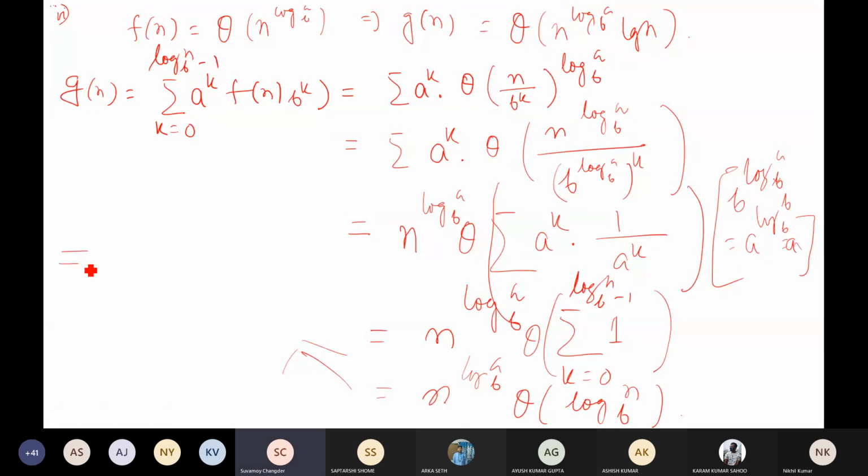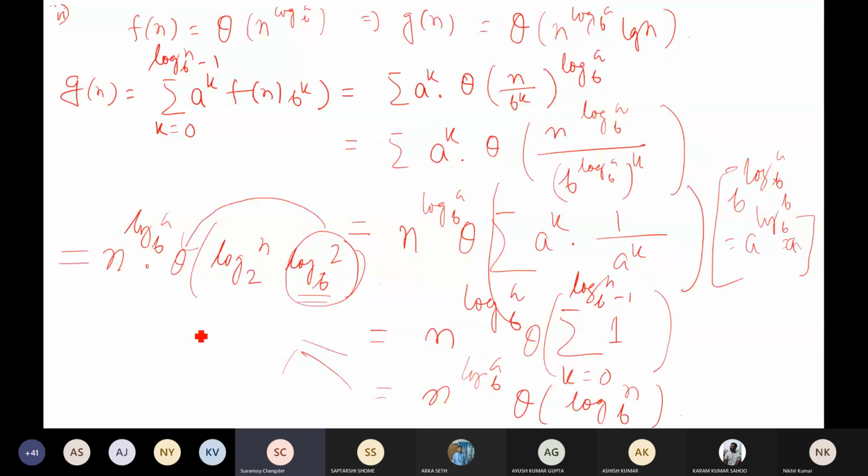we can write n to the power log a base b into theta of log n base 2, log 2 base b. This is constant, b is constant, 2 is constant, therefore this can be absorbed by this theta as per the definition of theta.